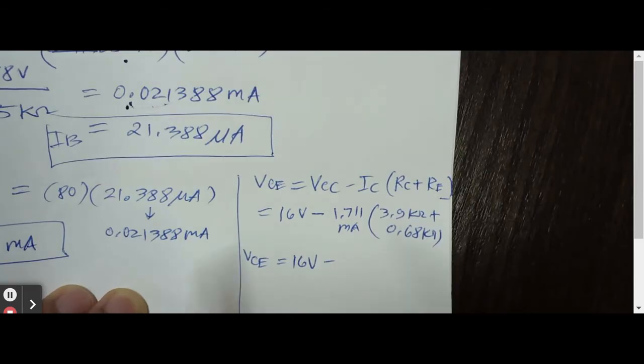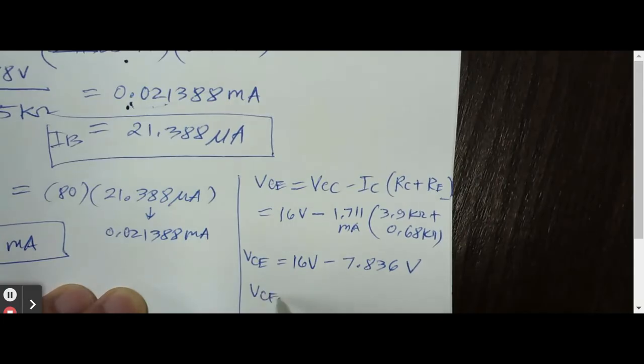Our VCE will be equal to VCC minus 1.711 multiplied by the sum of 3.9 and 0.68. That would be milliamperes multiplied by kilo ohms, which gives volts. So that will be 7.836 volts.